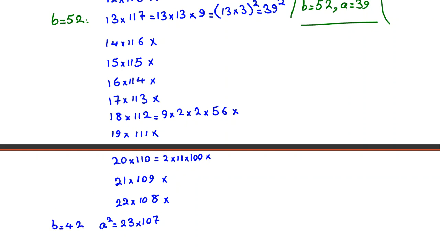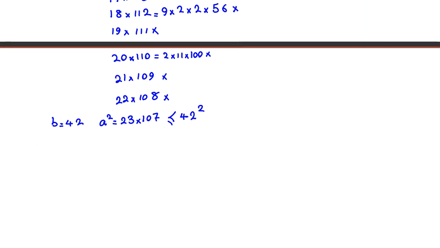As you can see, it is 65 minus 42. Now, A will be what? We know that A should be less than or equal to B, so it should be less than or equal to 42 squared.